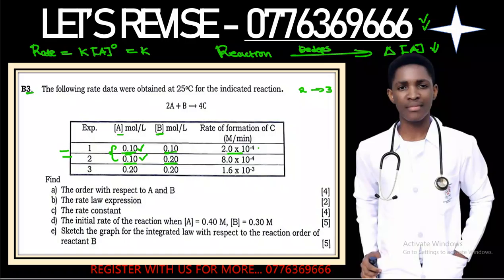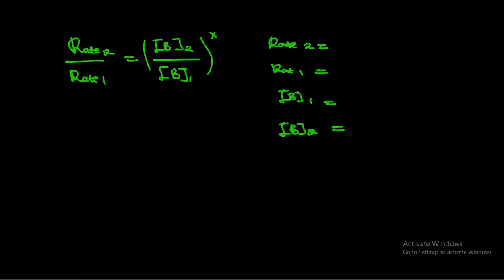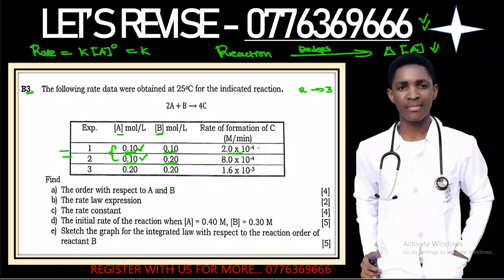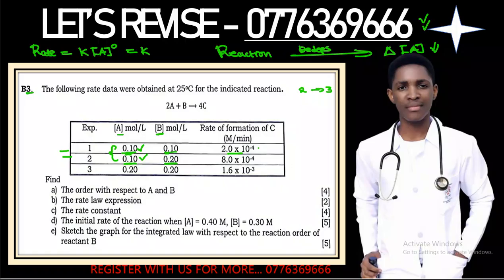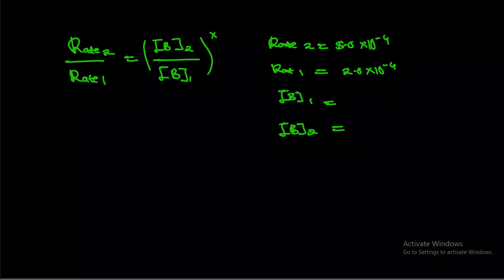Concentration 1 is 2.0 times 10 to the power negative 4, then our concentration 2 is 8.0 times 10 to the power negative 4. Concentration 1 is 0.1, then concentration 2 for B is 0.2.